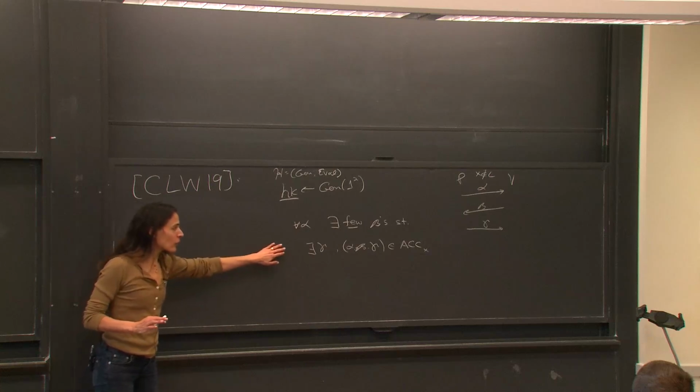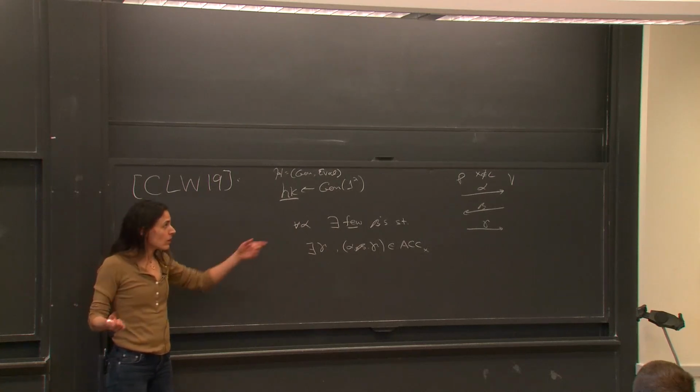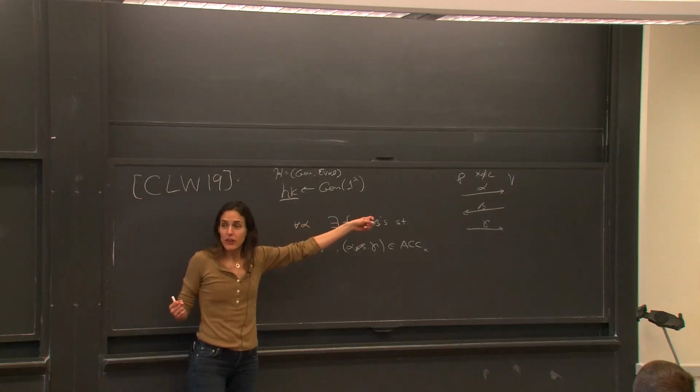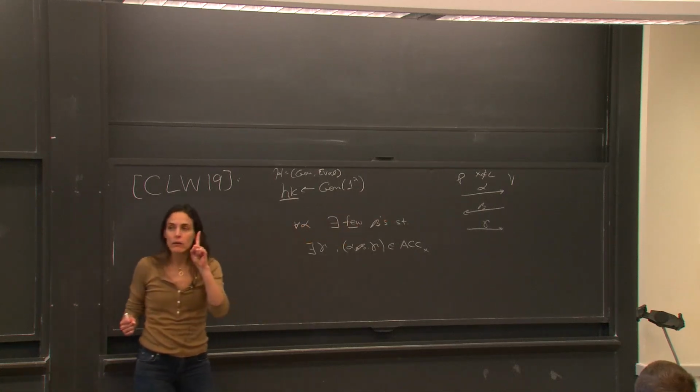So that's the first thing we notice. Because it's a proof system, for every alpha, there are very, very few. Actually, note in this protocol specifically, there's one.